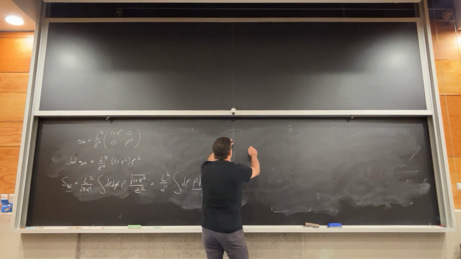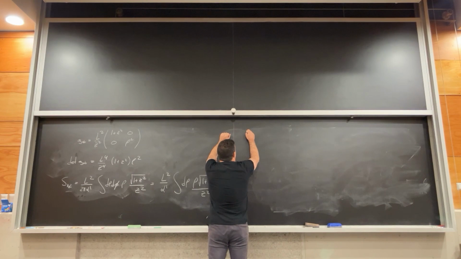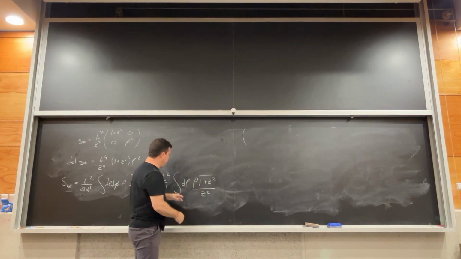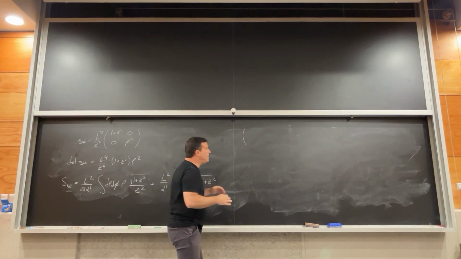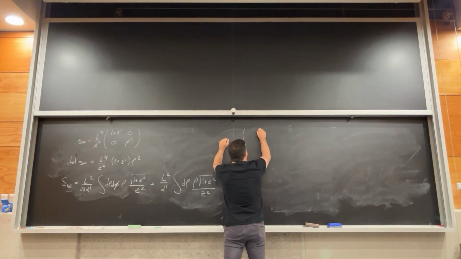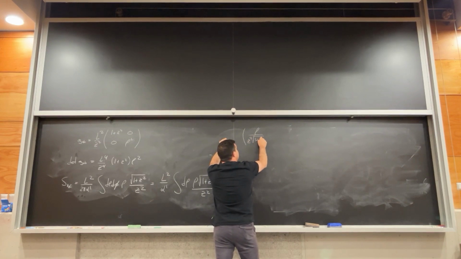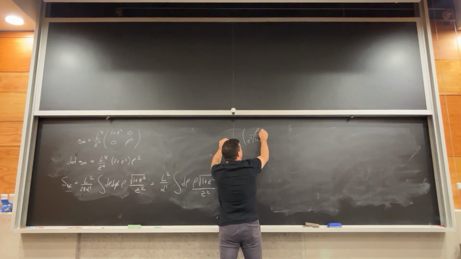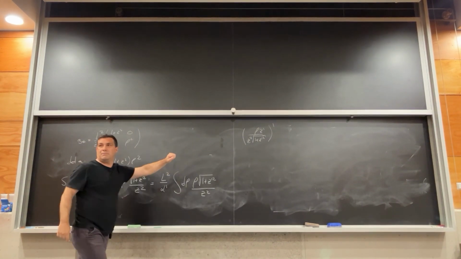What are the Euler-Lagrange equations? Okay, well, I will get the derivative of this guy with respect to z prime, right? This will be rho divided by z squared, square root of 1 plus z squared, z prime squared, and z prime here, all of that prime, right?